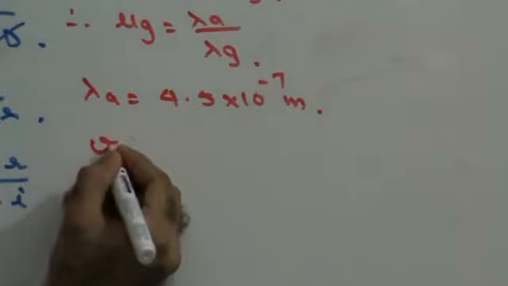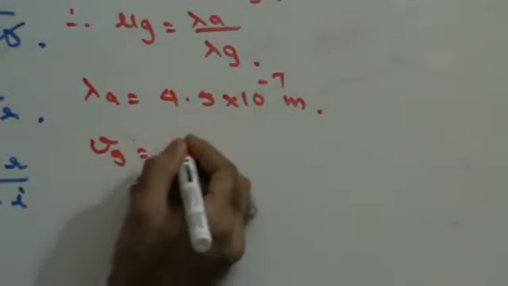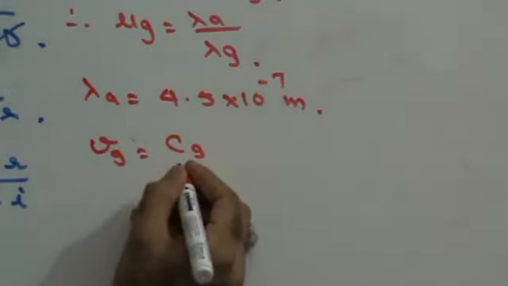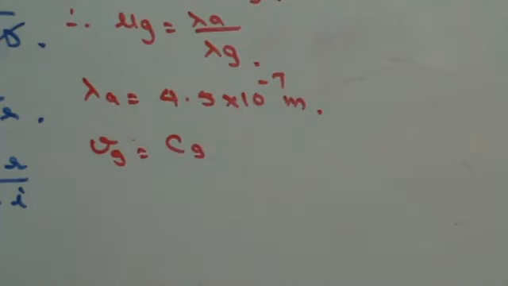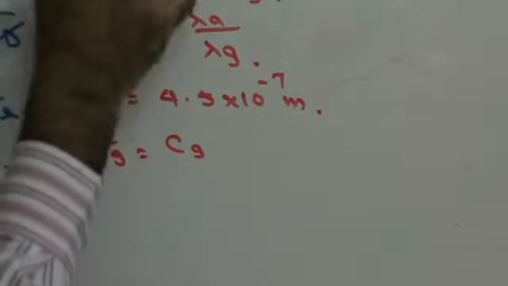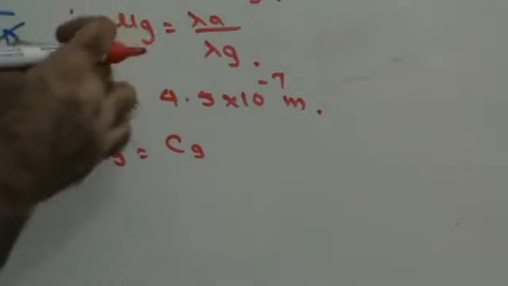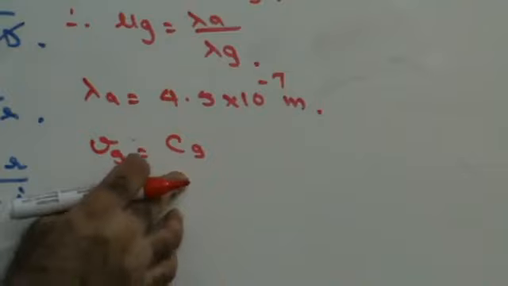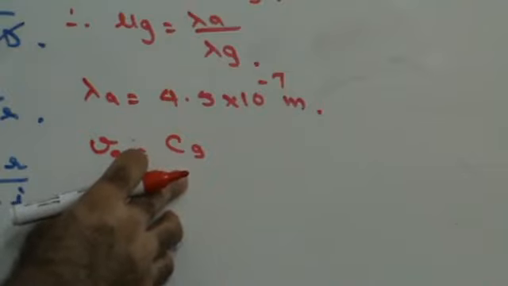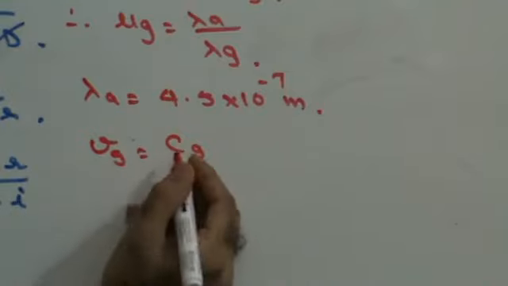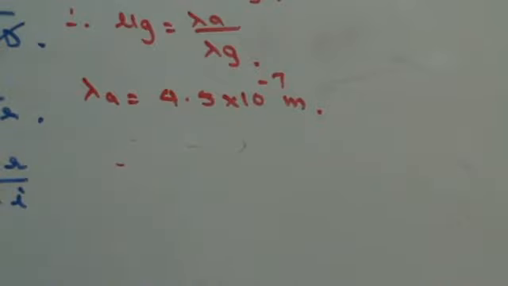I can say frequency in glass is velocity in glass upon wavelength in glass. Right? We haven't actually got the numerical value, have we? Yes, you have, because velocity in air is equal to velocity in glass. You already found out its numerical value. So whatever is your velocity in air, velocity in glass will also be the same.